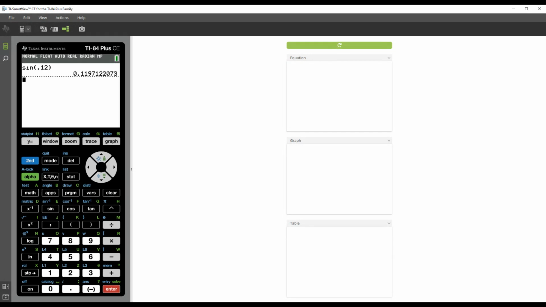I want to quickly show it to you graphically. y = sine of x, and y = x. When I hit graph, oh, I have mine on some kind of funky window from another class. Zoom 4 is a great window. So here comes my sine, and look at that.